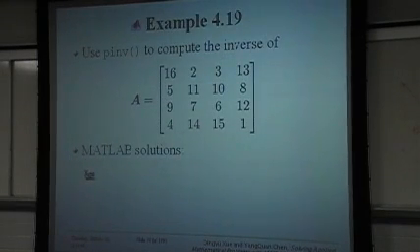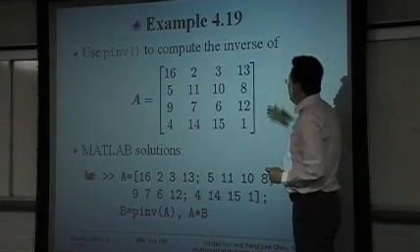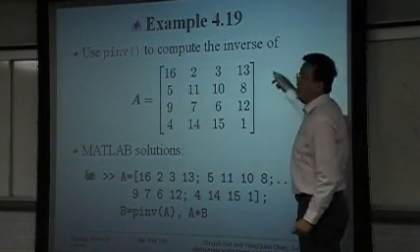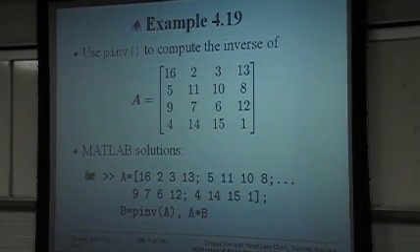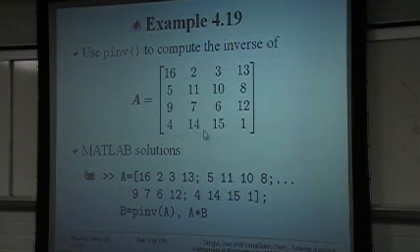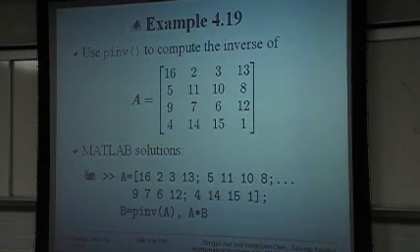Now let's go back to this example again, because this matrix itself is a singular matrix. The inverse of this matrix does not exist, we cannot expect to have a matrix B satisfying AB equals identity. There isn't such a B. So what we need to do is to find the pseudo-inverse.